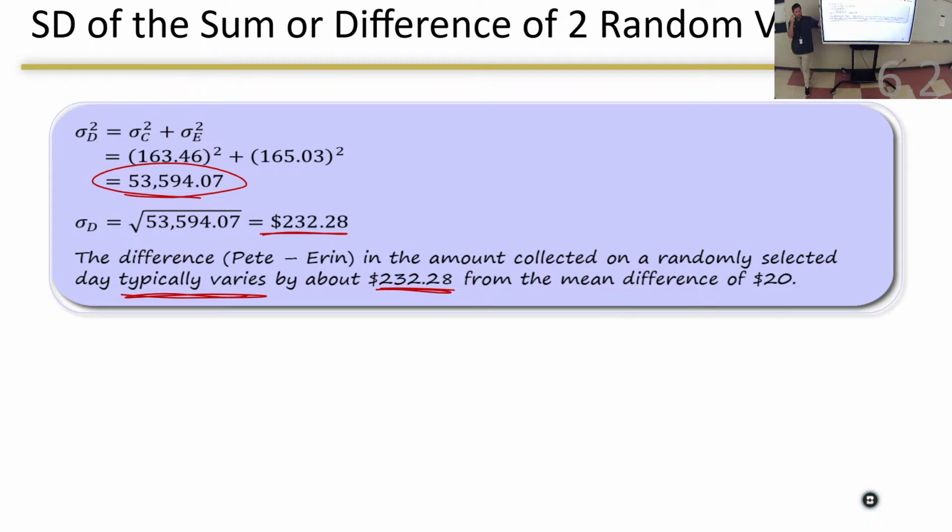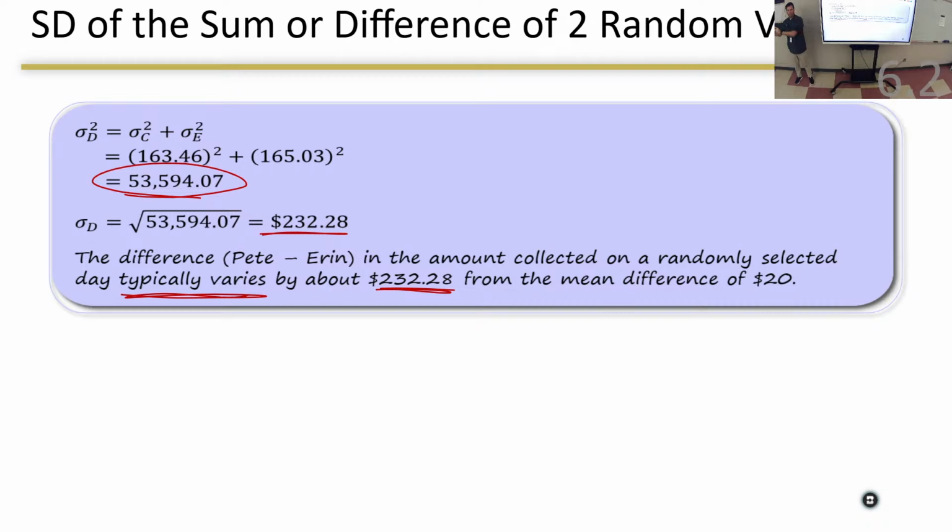A lot of times, guys, we just look at the answers and we don't really think about it. Think about that standard deviation of 232 and the mean of 20. What does that mean? If the mean is 20, like Pete typically earns $20 more, but the standard deviation is $200 away from that 20, there's probably a lot of days that Aaron makes more than Pete.